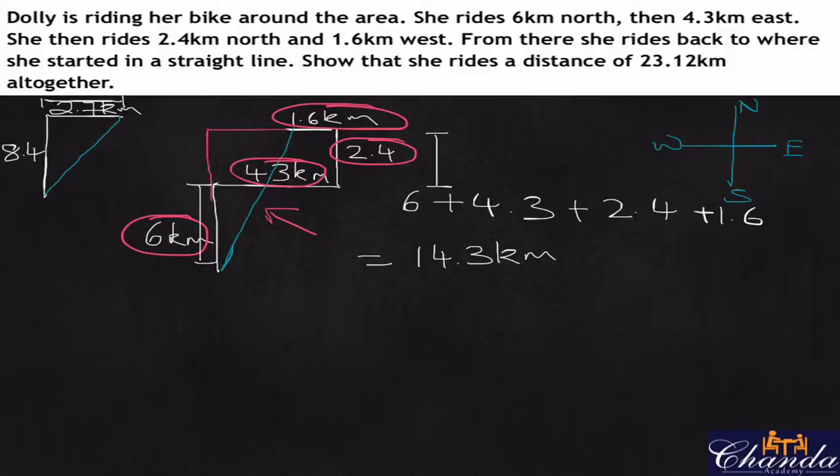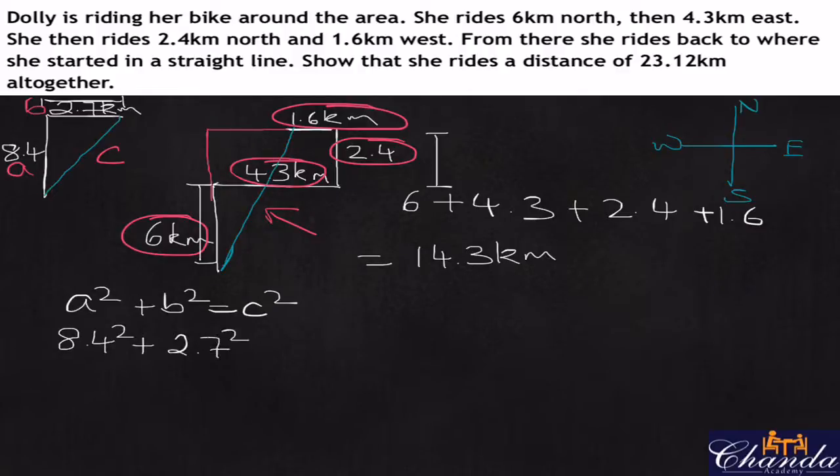Again, using our different colors, we have A here, B there, and C there. So using Pythagoras' theorem, we have A squared plus B squared is equal to C squared. A squared is 8.4 squared, plus B squared is 2.7 squared, which is equal to C squared. Therefore, C squared gives us a value of 77.85.